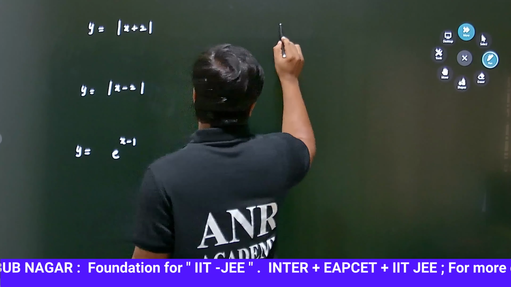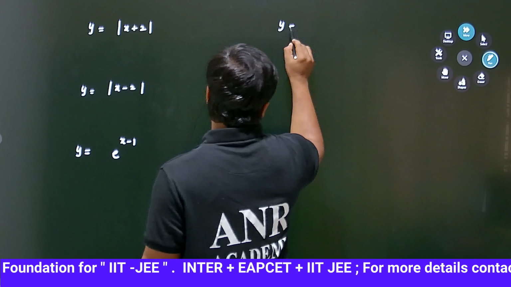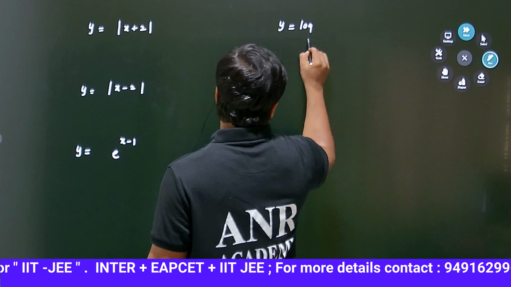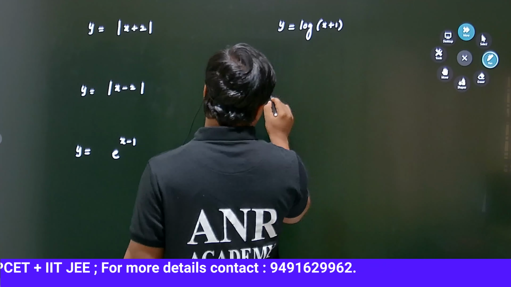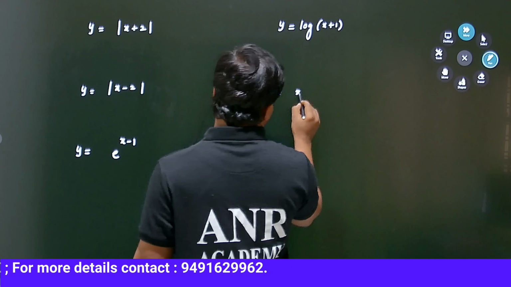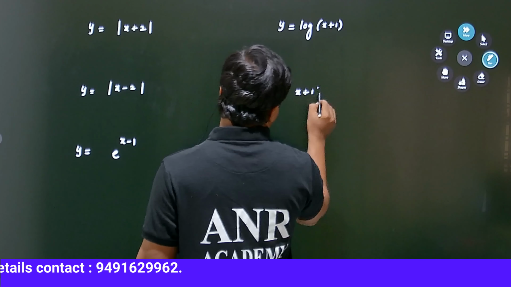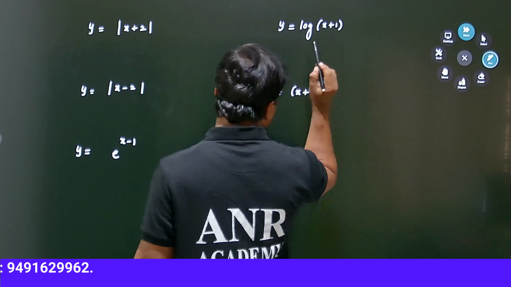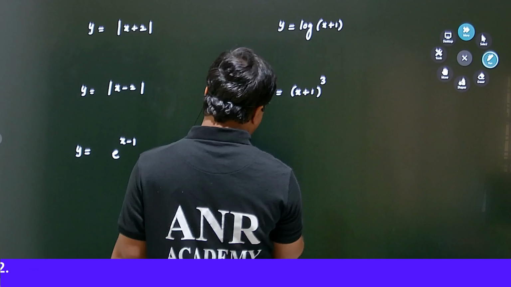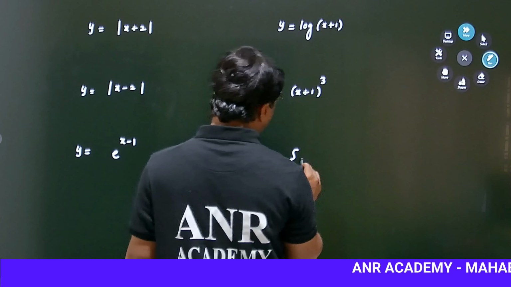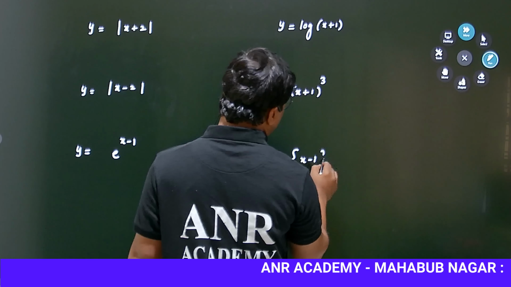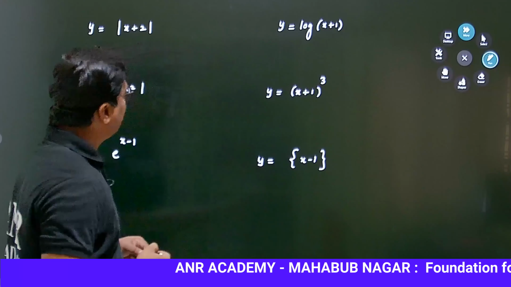Next, the graph of y equal to log of x plus 1. y equal to x plus 1 whole power 3. Next, y equal to fractional part of x minus 1. Let us observe all the graphs.